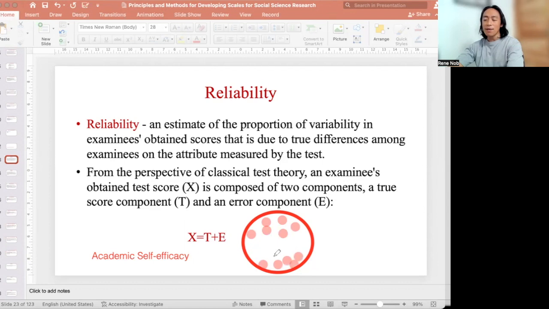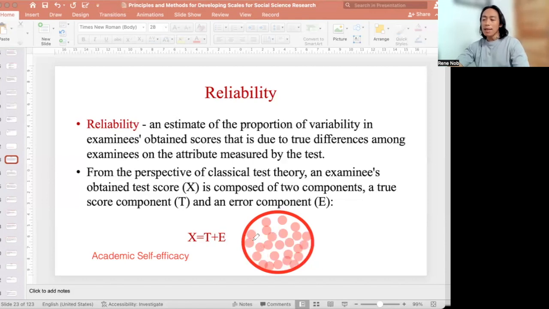What is self-efficacy again? The belief that you can be successful in a given academic task, given that this is academic self-efficacy. So some students would have higher belief in themselves, some students would have lower belief in themselves, and then some would have kind of average level of belief in themselves, average self-efficacy.